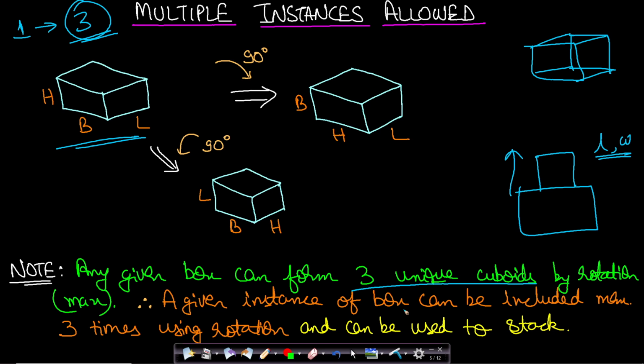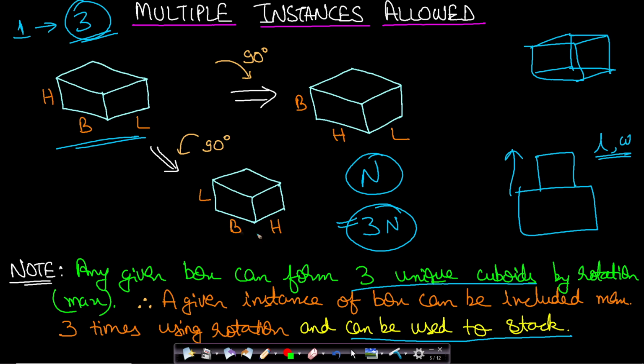Therefore, a given instance of a box can be included a maximum of 3 times using rotation and can be used to stack one on top of the other, right? So this is the case for multiple instances. Therefore, if you are having, let's say, n boxes, then using this property of multiple instances, you can have a maximum of 3n unique boxes by using rotation. Okay, so I hope you understood this point as well.